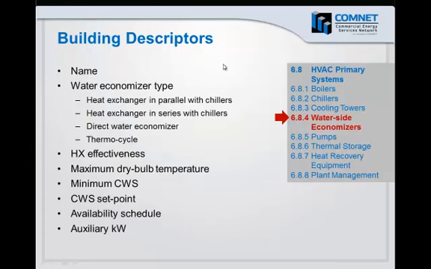Waterside economizers, here are the building descriptors: the type of economizer, the heat exchanger effectiveness, the maximum dry bulb temperature, minimum chilled water supply, and so forth. The baseline systems do not have waterside economizers, so these building descriptors would only apply to the rated building.